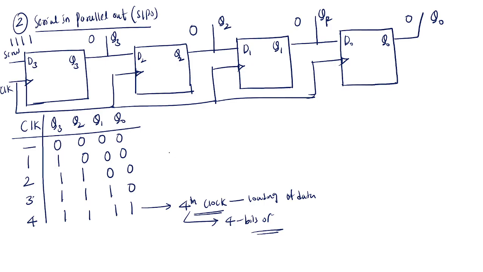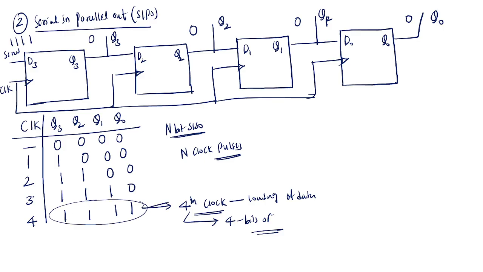Is it fine? Suppose it is an n bit SIPO, then you will get the data out at n clock pulses. At n clock pulses, you will get the n bits of data. Do you understand? So here, loading of data is happening.